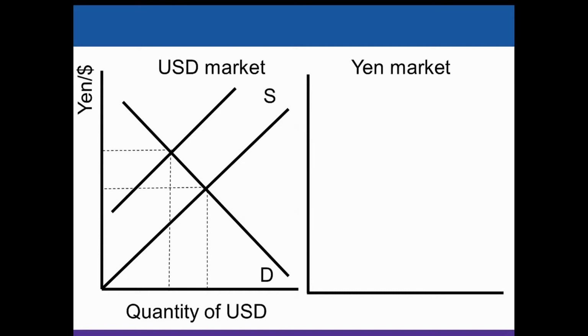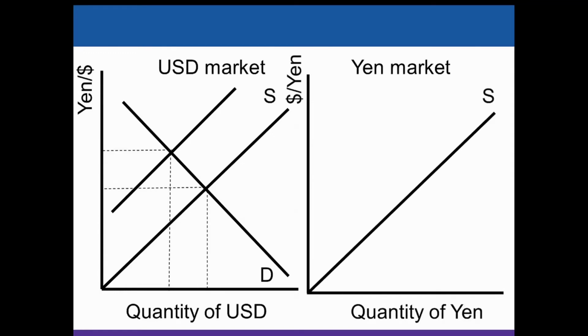So we wouldn't have as many people wanting to buy imports. So the supply of dollars on the foreign exchange market, which is the graph on the left, would decrease, shown by a leftward shift, making the dollar, right, more expensive. Right, so the dollar is more expensive to Japanese because we're supplying less of it.